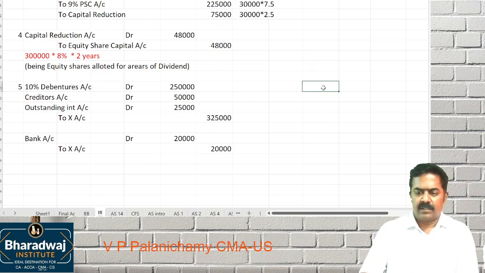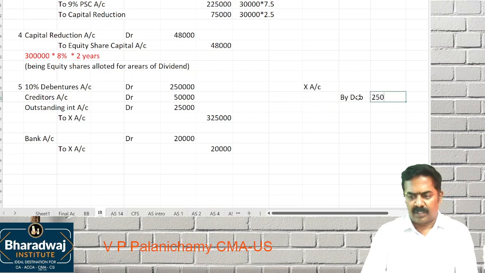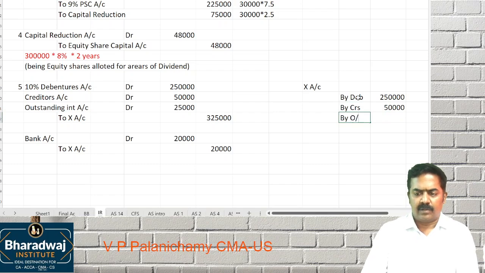Wait, let us prepare X's account. On the credit side: by debentures 2,50,000, by creditors 50,000, by outstanding interest how much? 25,000. By bank we received how much? 20,000.